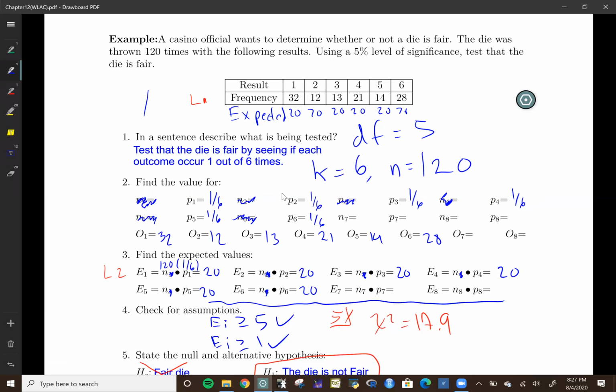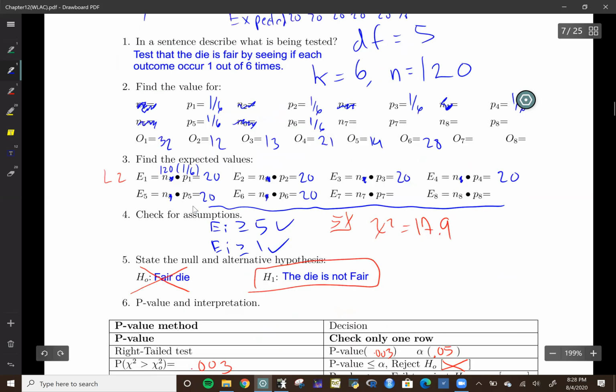Two occurred 12 times, and we should have seen 20. For 3, once again, we saw 13, but we should have seen 20. The only one that actually came close was 4, but every other category was pretty far off. Just by eyeballing it, you should have seen that something is not right with this die, because if it is a fair die, all of them should be the same number or pretty close to the same number.